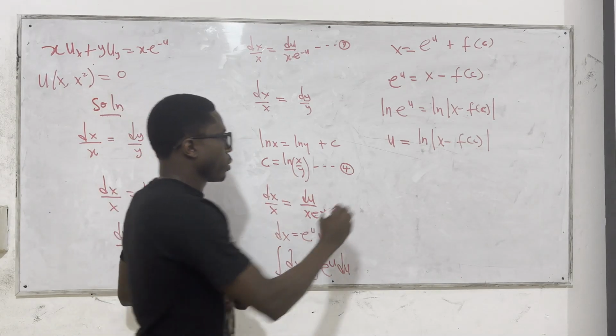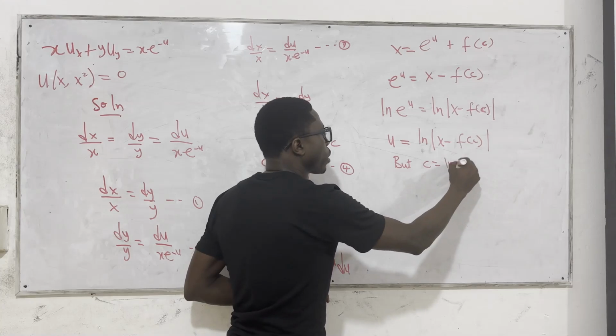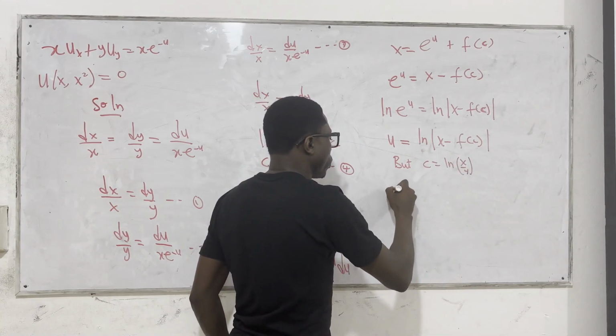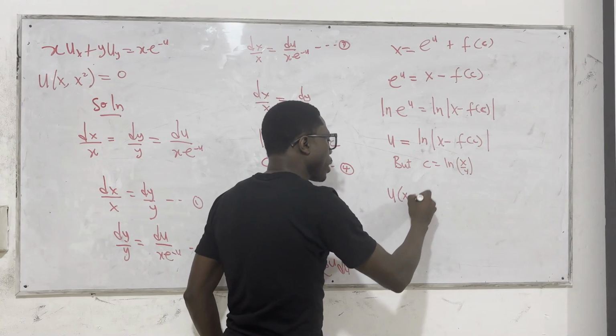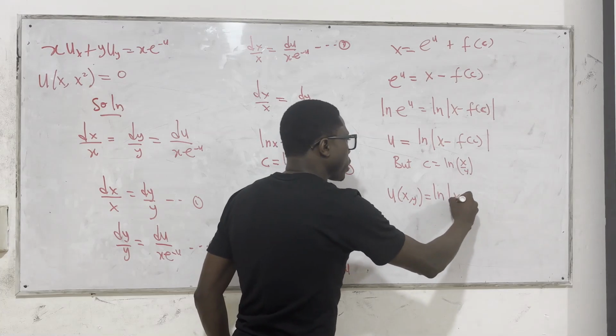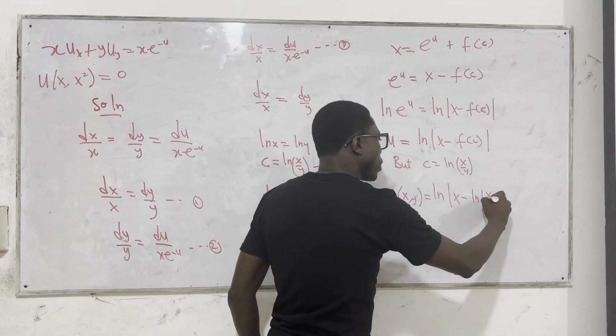But we know that c is equal to the natural log of x over y. So we have u of xy is equal to natural log of x minus f of the natural log of x over y.